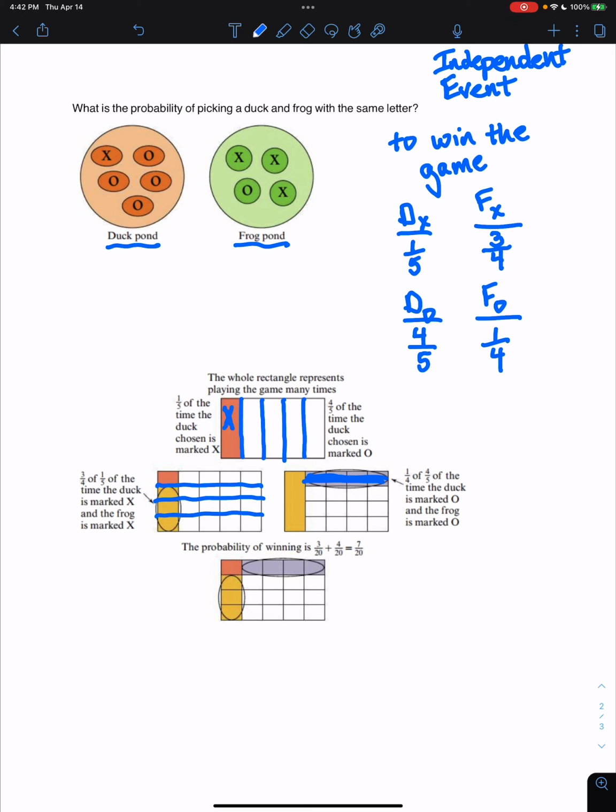All right, so now we have to calculate our probabilities the same way we did before.